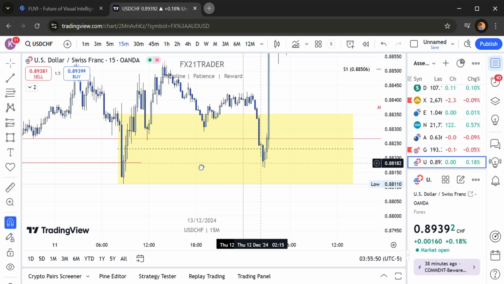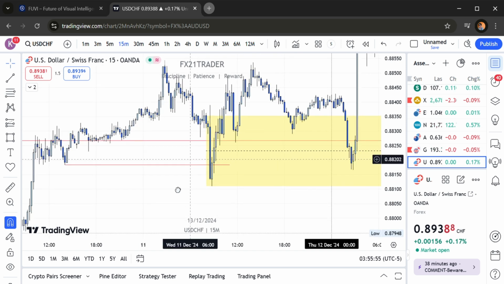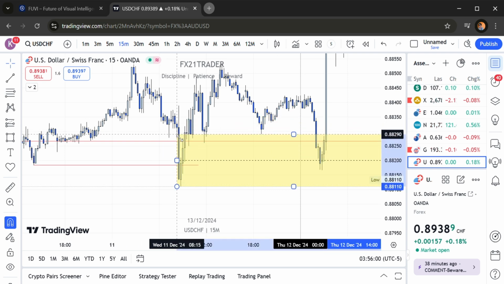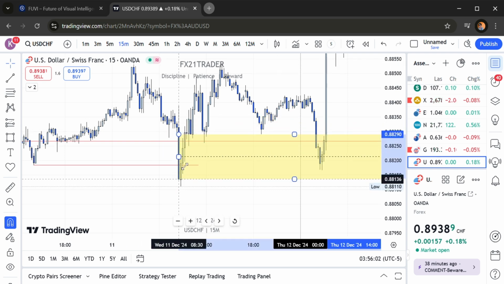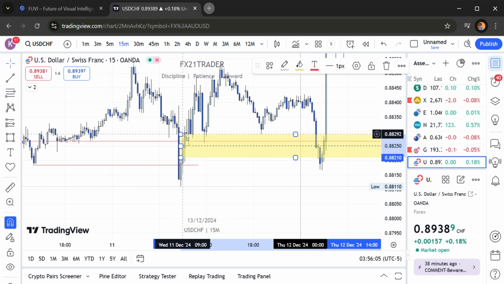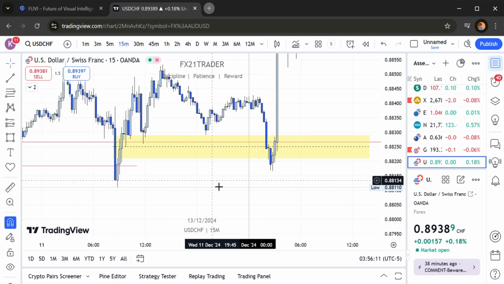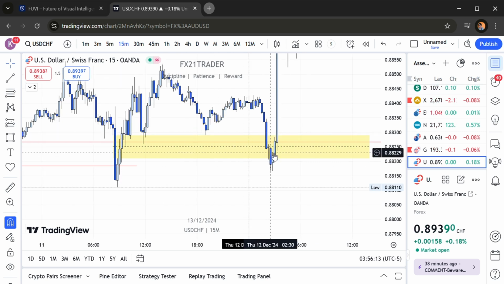But if you see right here, after this liquidity was taken out, we have this inversion that was disrespected. These are my two entries that I usually take. Either a breaker block, fair value gap, or order block, or an inversion, whichever presents itself.